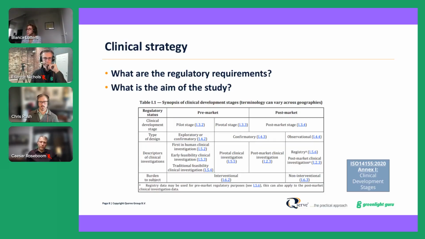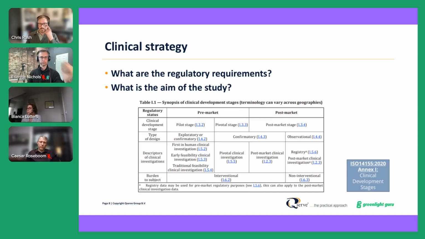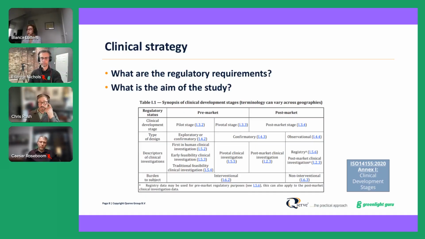What are those countries? But also, if I think about regulatory requirements, which study are you doing? Are you doing a pre-market study, a post-market study? Is it a first-in-human study for a high-risk device, or is it just a pivotal study?